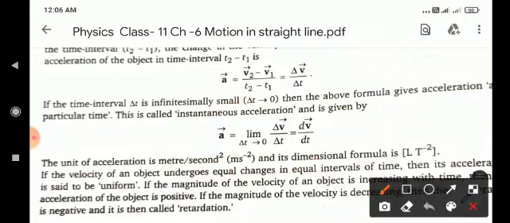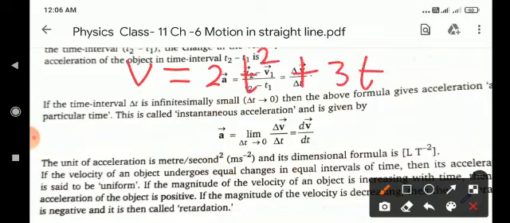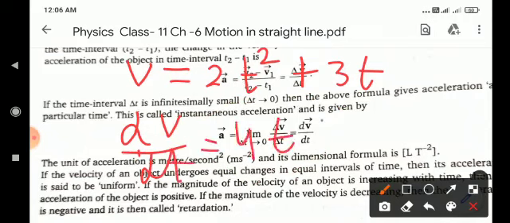According to this formula, suppose v equals 2t square plus 3t. Find the acceleration. So dv upon dt is equal to 4t plus 3, right? It is the instantaneous acceleration.